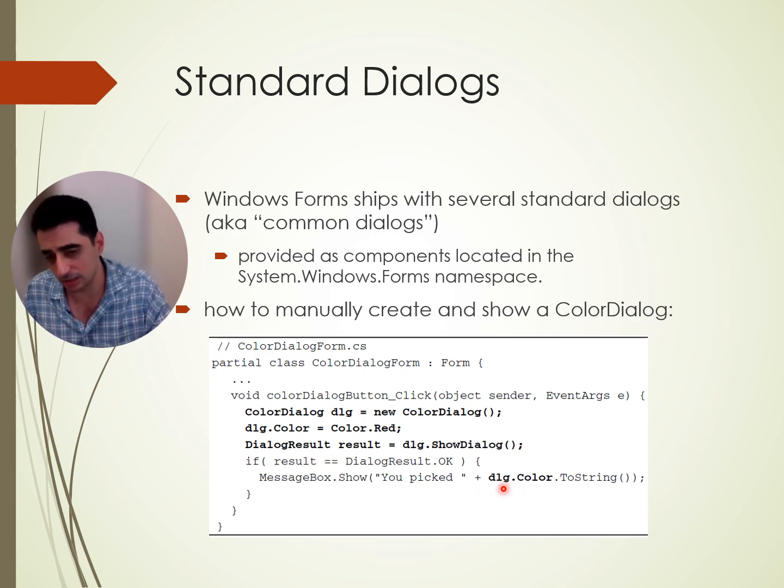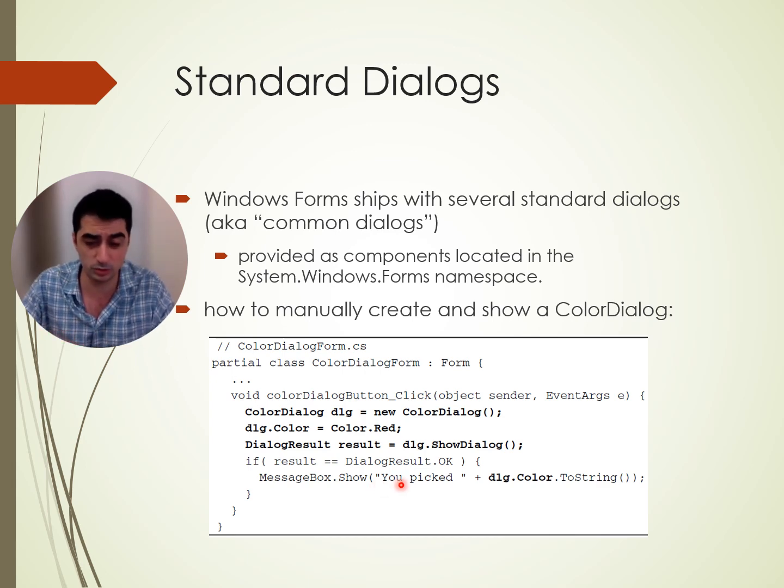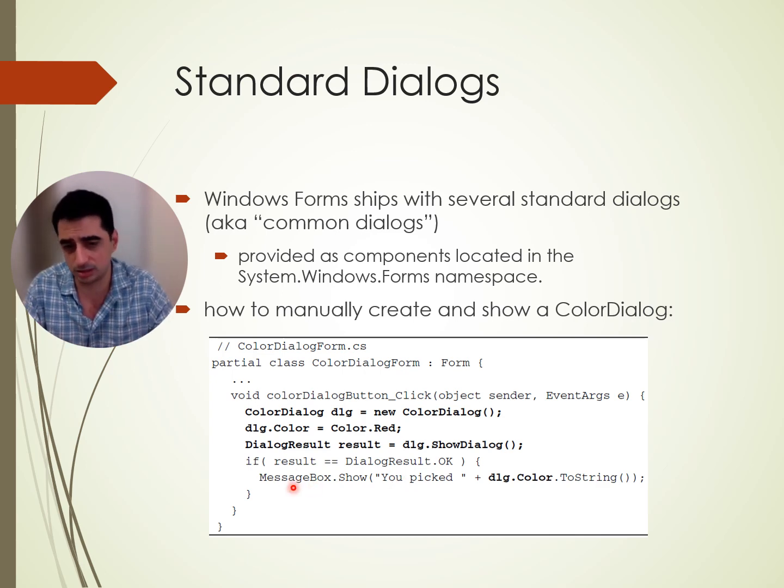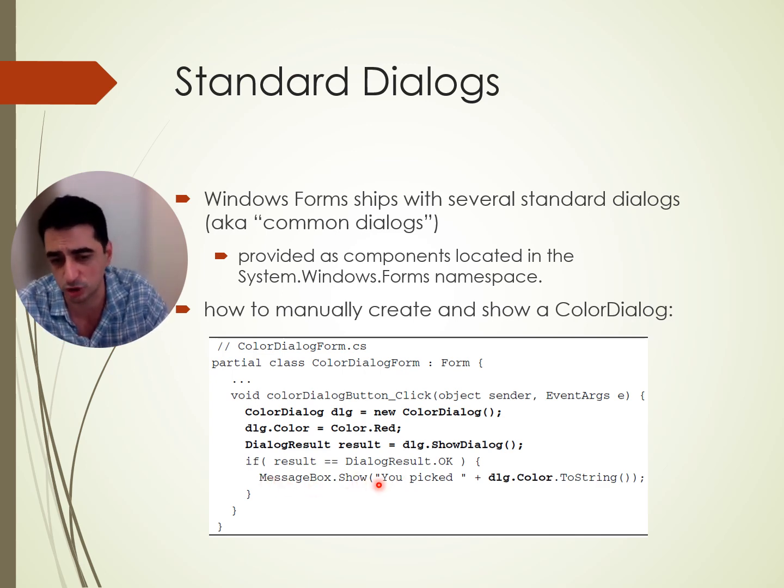This example just wants to use that picked color to open a message box and say you picked that color. So it's nothing here, it's just this message box that shows you picked the color that you picked.